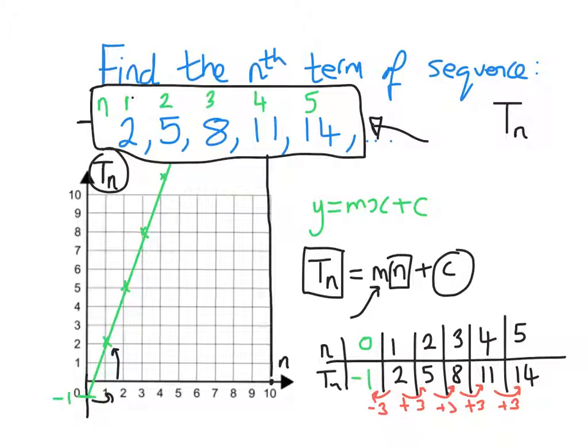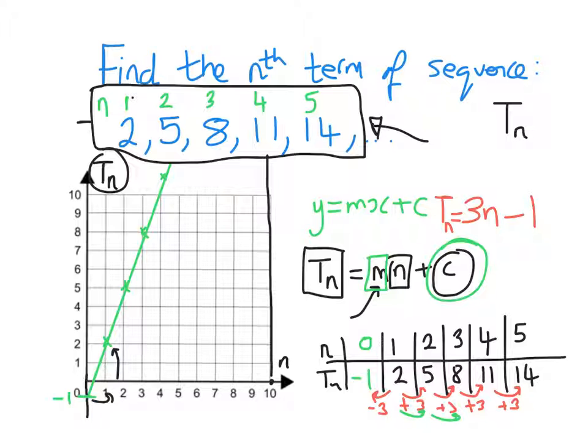Now I've got all the information I need for my nth term, because this c value is my green value here, so that's -1, and my m is my gradient, meaning how much do I go up by each time? I go up by 3 each time. So my rule would just be 3n minus 1, and that is tn.